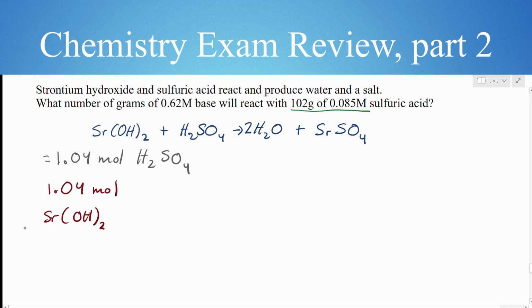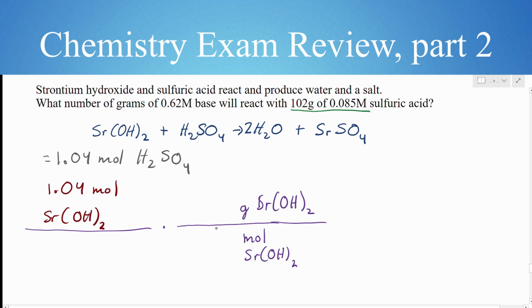So we'll write our new fraction. We're going to use the molar mass, and we're going to be canceling out the number of moles of strontium hydroxide. In 1 mole of strontium hydroxide, there's a certain number of grams, and that number of grams will be 121.64. Now moles of this base cancel out, and we're left with this multiplication. This is going to be 126.51 grams of strontium hydroxide.